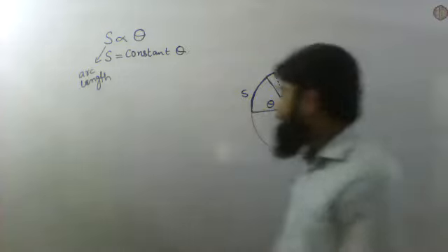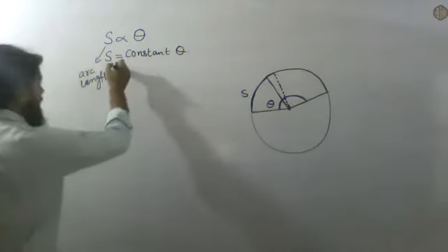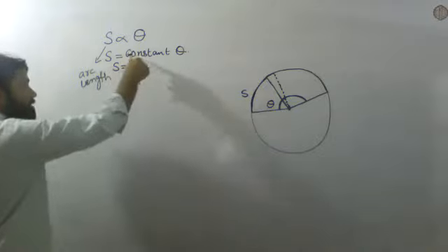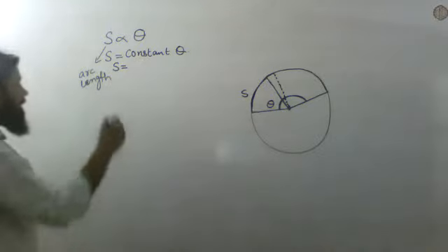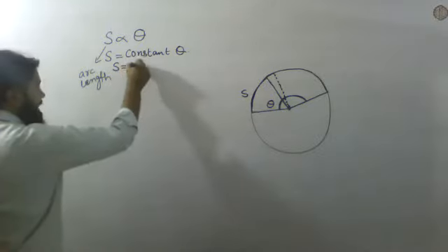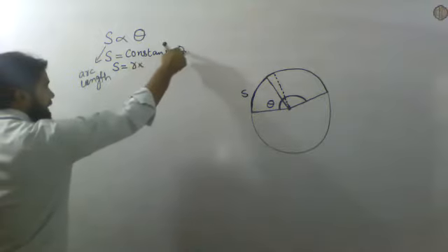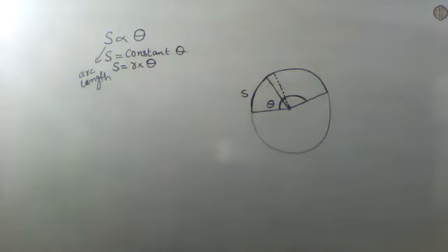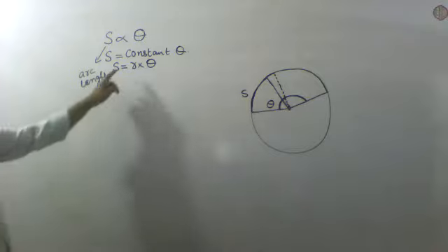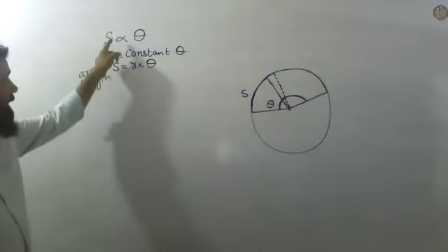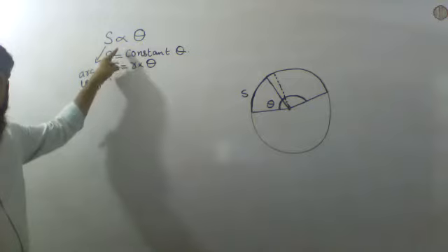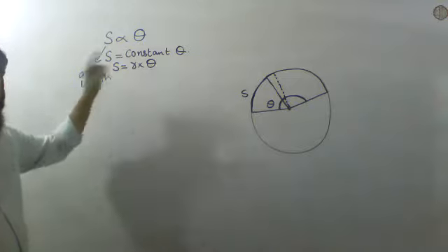So over here S will be equal to a constant. What is the constant over here? The constant is radius into theta. It was S directly proportional to theta; the proportionality sign is removed, equals to a constant.